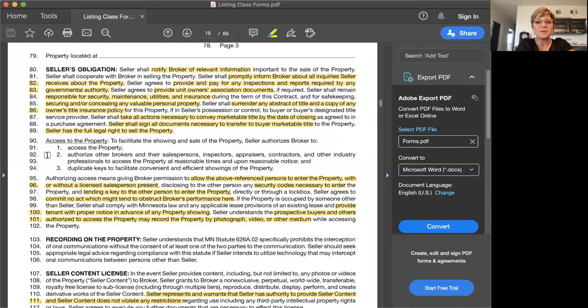And then they are also agreeing that prospective buyers and others authorized to access the property may record the property by photograph, video, or other medium. So basically if a buyer comes in, the buyer might be taking pictures or recording the property just so they can remember things about the home.